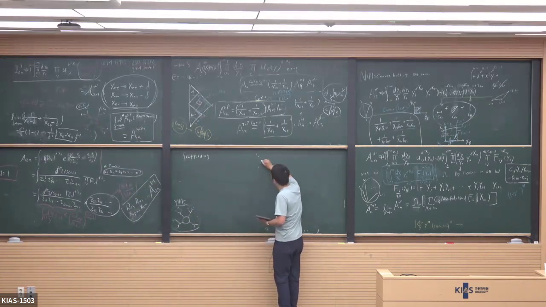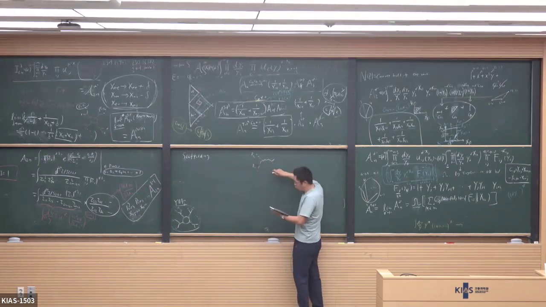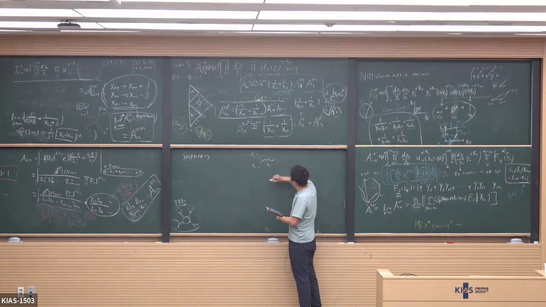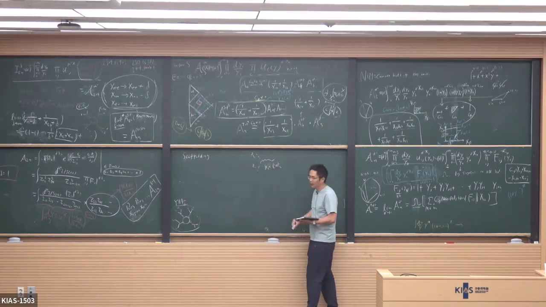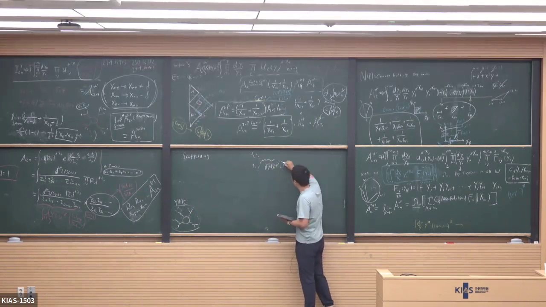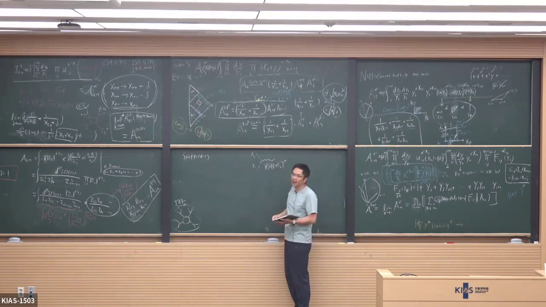So this is the scaffolding idea. You have a pair of scalars, you call them P1 and P2. They become a gluon. This becomes your gluon 1. And this gluon has the momentum K1 that's equal to P1 plus P2, right? This gluon has this momentum, and it has a polarization.